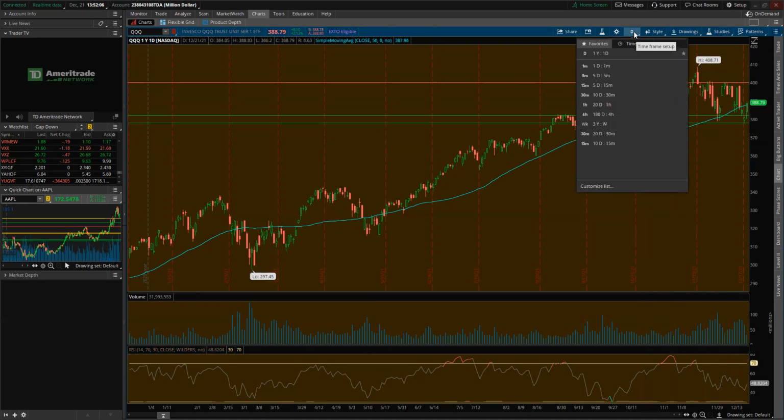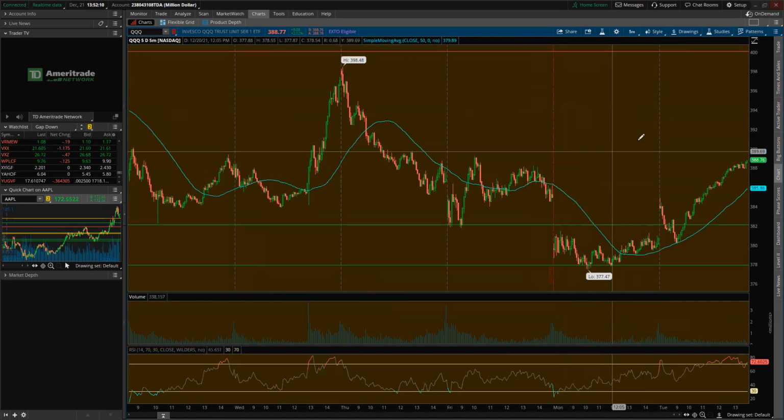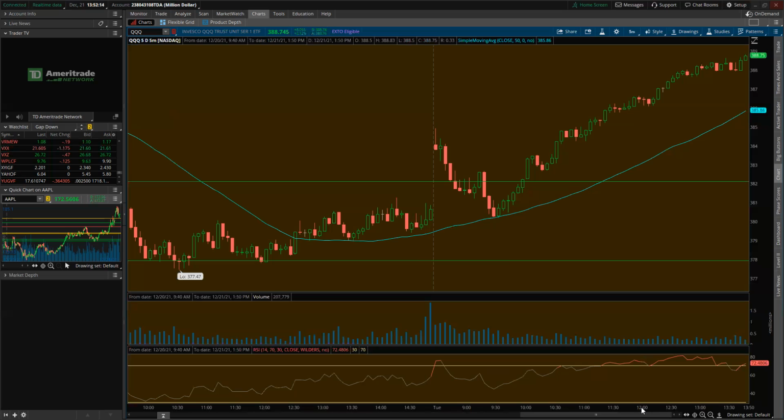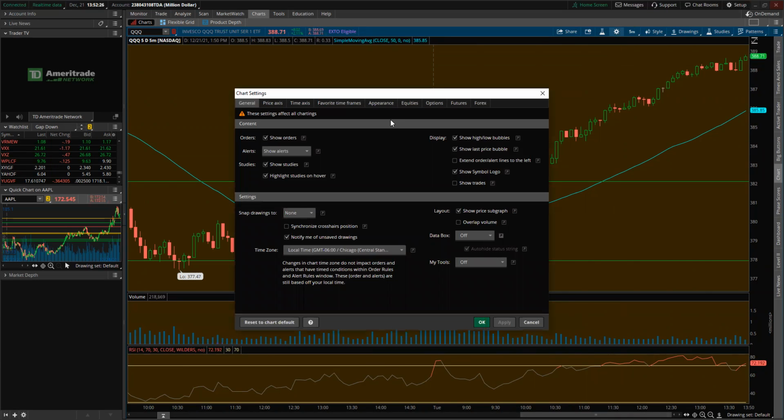So now that we know that we are near the buy zone, we want to go to our 5-minute chart and identify our gap. Now, you could not see the gap on the daily chart, but you certainly can see it on the 5-minute chart. What I did was I took off the extended hours that QQQ trades, and you can do that on all of the stocks that you trade.